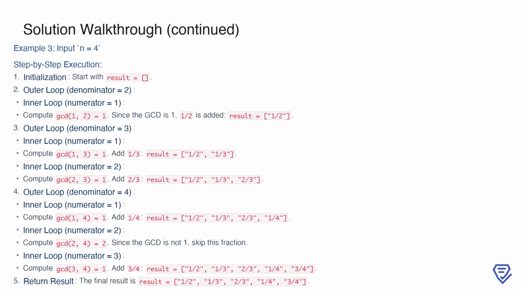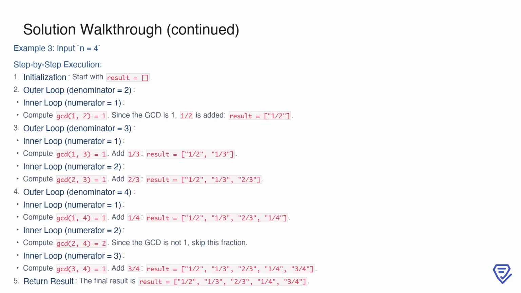For this denominator, the inner loop starts with numerator equals 1 and calculates the GCD of 1 and 3, which is 1. Therefore, 1/3 is added to the list, resulting in result equals 1/2, 1/3. The inner loop continues with numerator equals 2, and the GCD of 2 and 3 is also 1, so 2/3 is added, giving result equals 1/2, 1/3, 2/3.